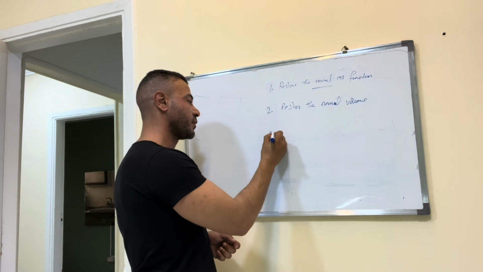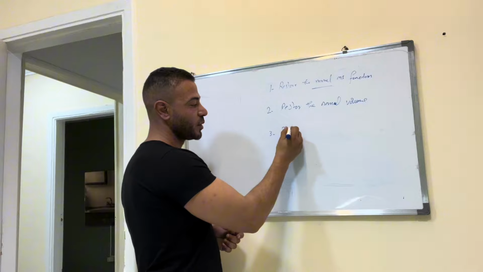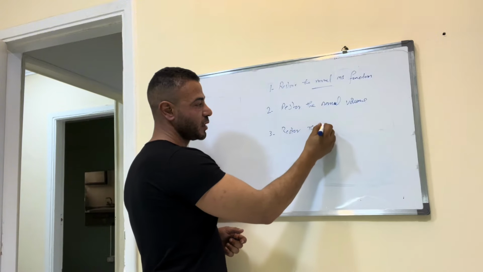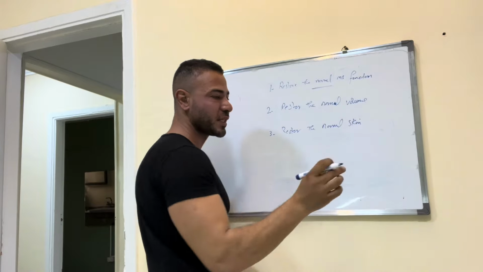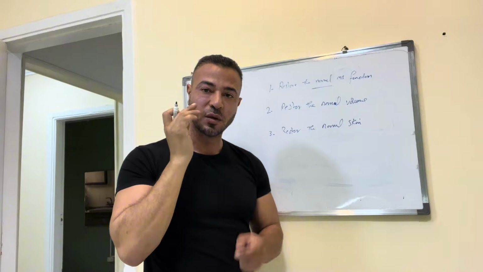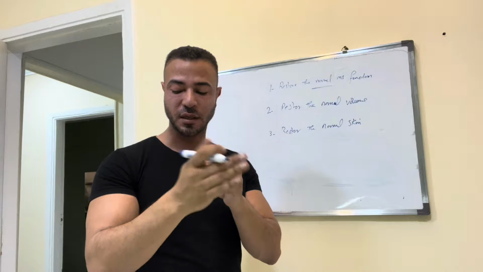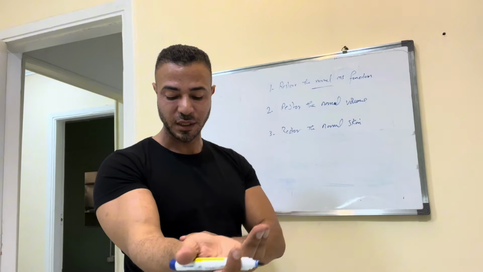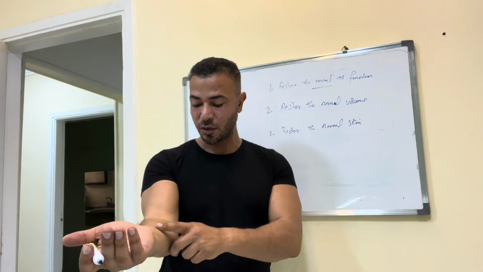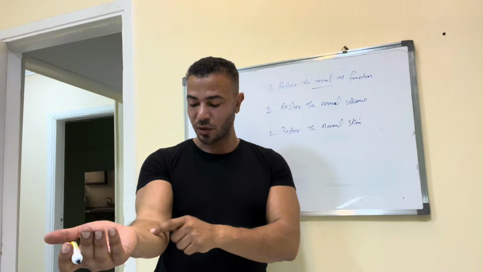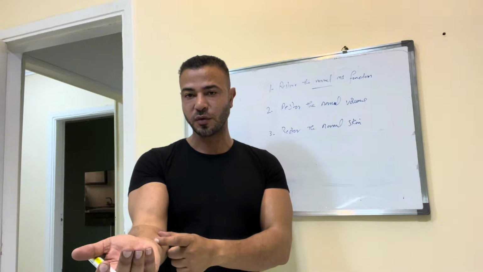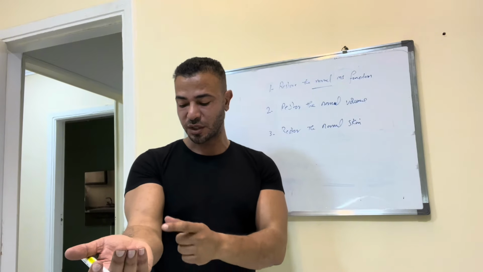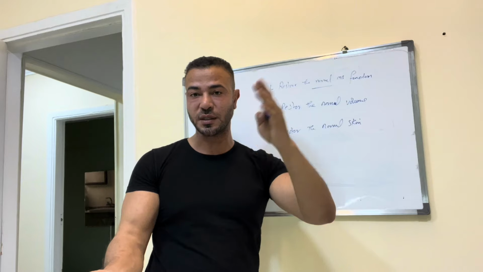Number 3, restore the normal skin component. By skin component, I mean the skin itself, not the fat, not the tissue under the skin. Normally, if you look at skin, there are no lines or wrinkles. You can still tell age, different from a child, a teenager, or a person who is 60 or 70.